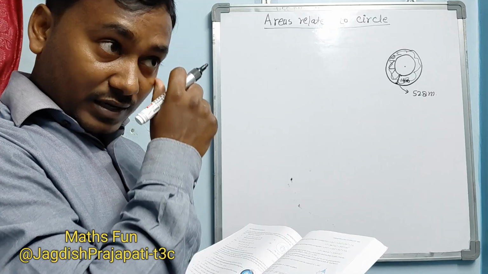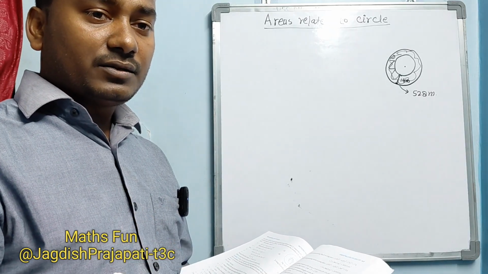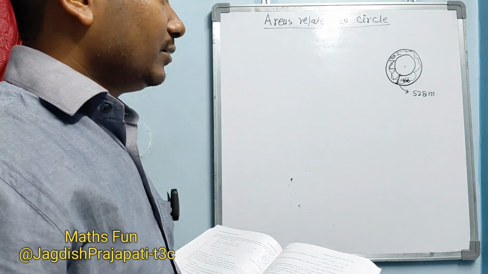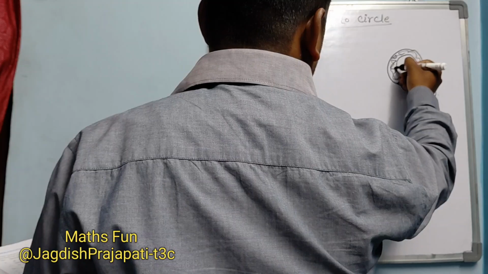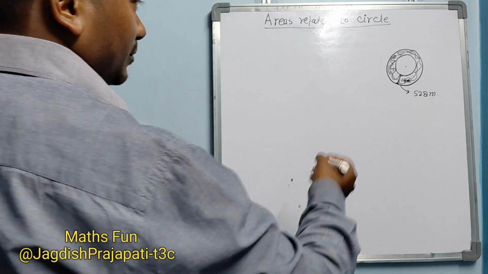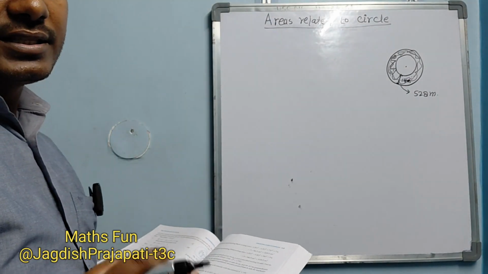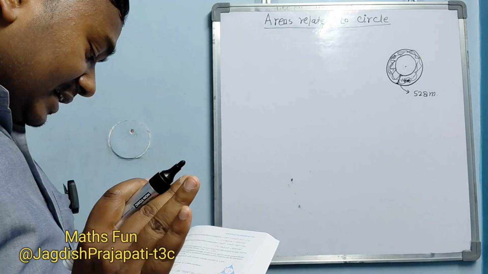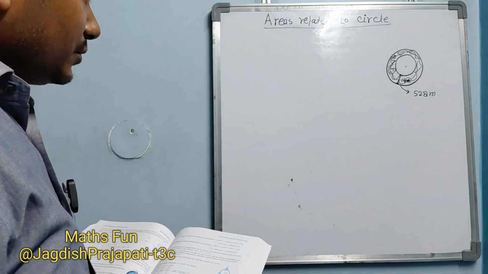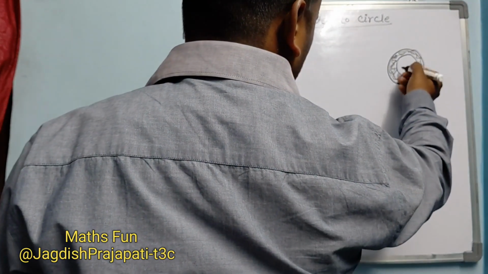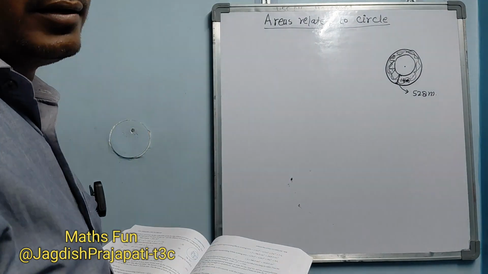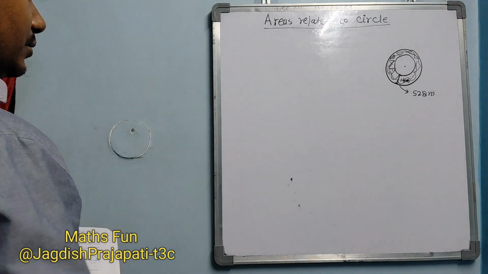So in order to find the cost of leveling, we have to find the area covered by the track in square meter, and then multiply with 50 paise, since for 1 square meter the cost of leveling is 50 paise. So let us do that.